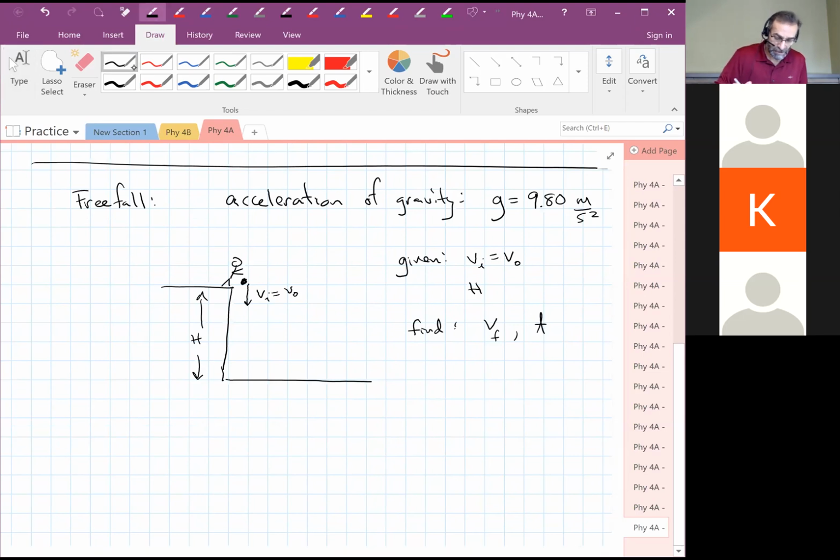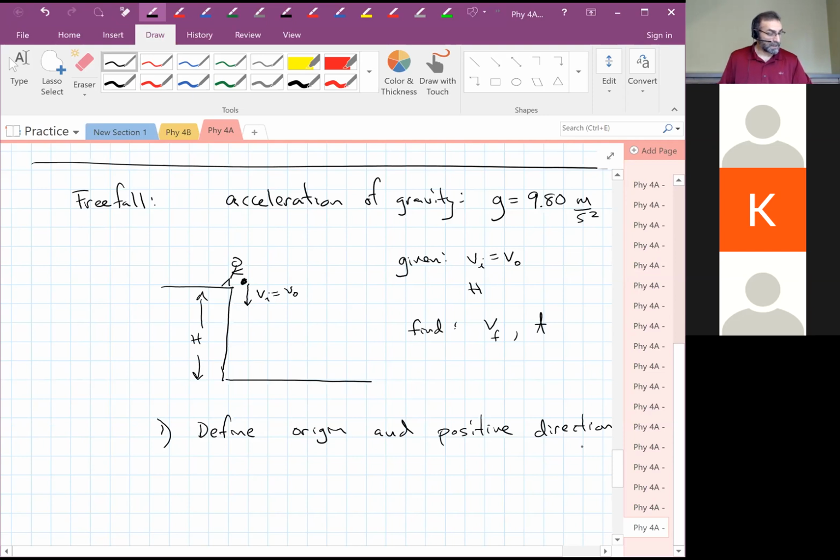So the first thing you need to do when you do a problem like this is define the origin and the positive direction. Okay, so let's do that. It can be anywhere. The two places that kind of make the most sense are the starting point or the ending point, but it could be anywhere.